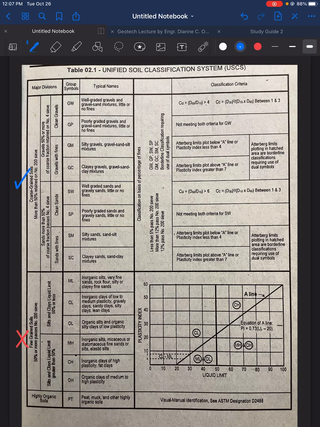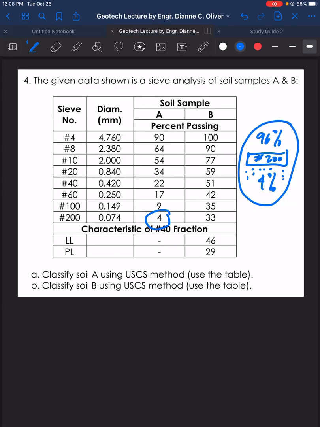Next, let's go to the next criteria. So we're concentrating on this upper portion of the table. So let's choose between these two. Okay? Either we have a gravelly soil or a sandy soil. For gravels, it says there, 50% or more of coarse fraction retained on number 4 sieve. Okay, so the concentration is on number 4 sieve.